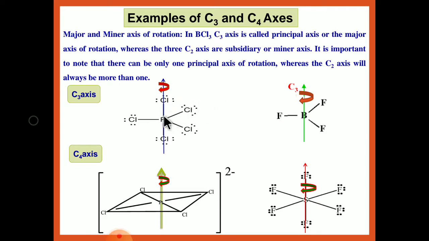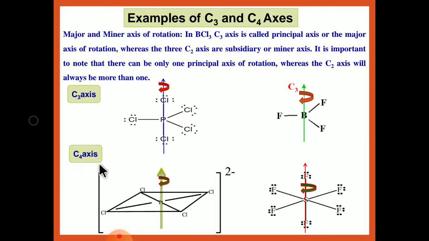This is the second C2 axis. And third is passing through this Cl and this P, that is the third C2 axis. So in this example, there are three C2 axes and one C3 axis. These are the examples of the C3 axis.